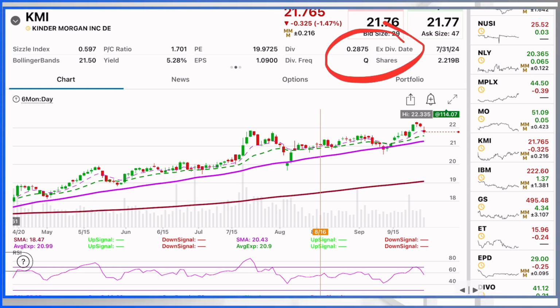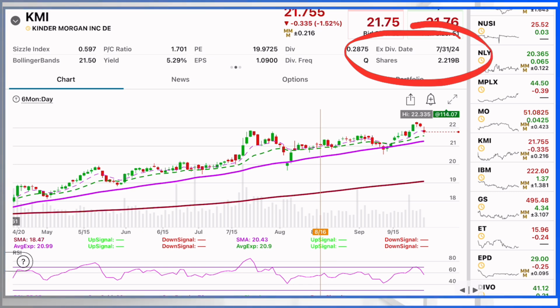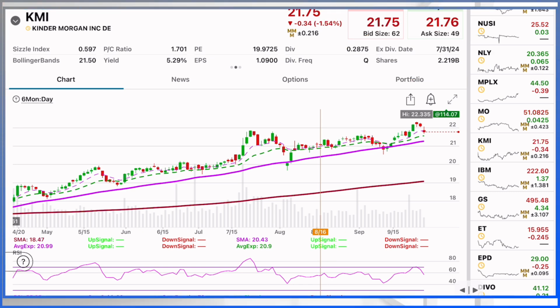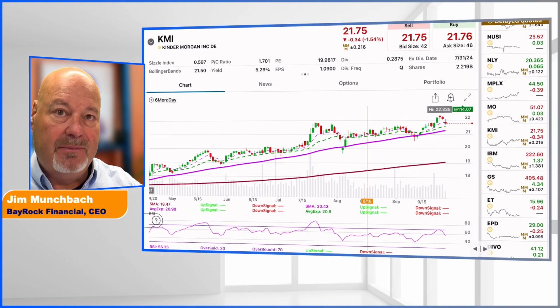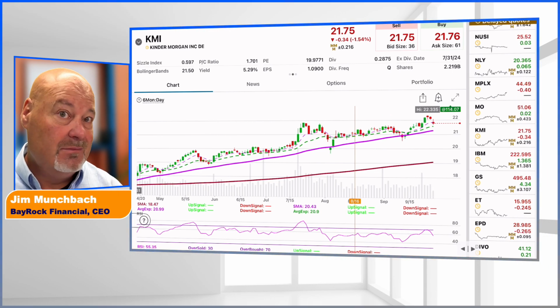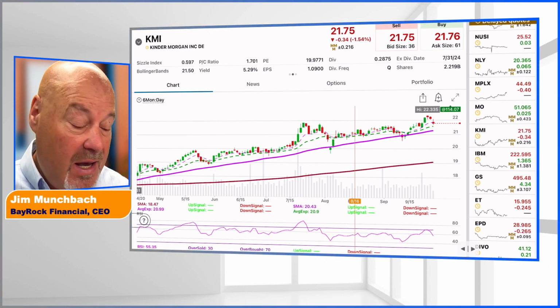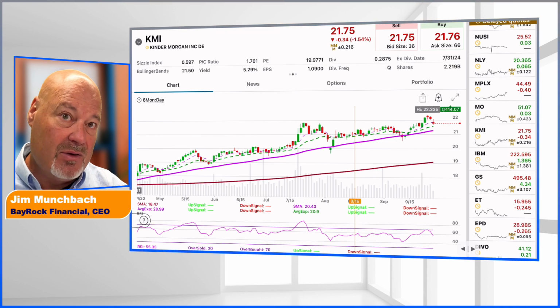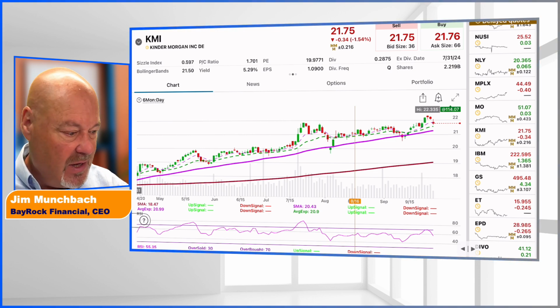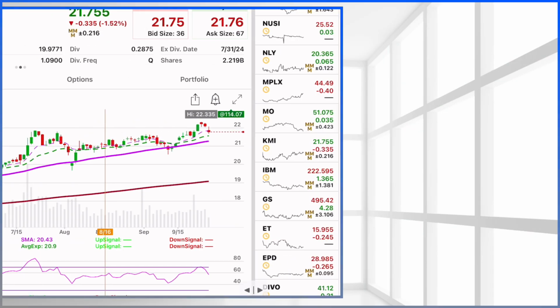It's not a great dividend. Another thing I mentioned in the intro is this ex-dividend date. I always have to pay attention to that. We don't want to be called away on a stock and miss out on the dividend.